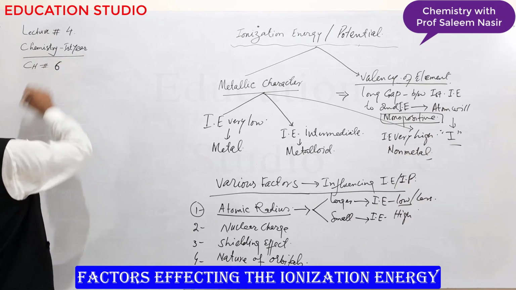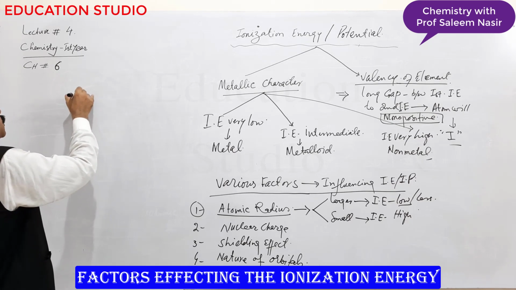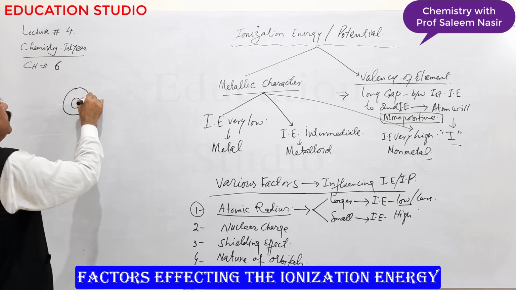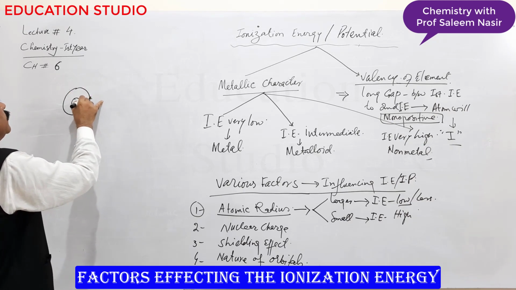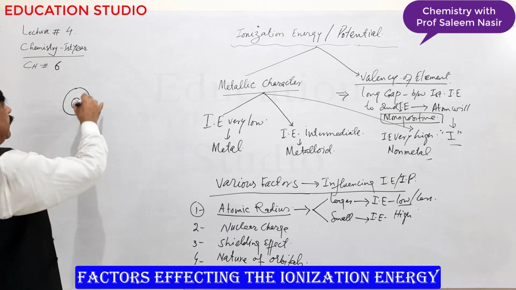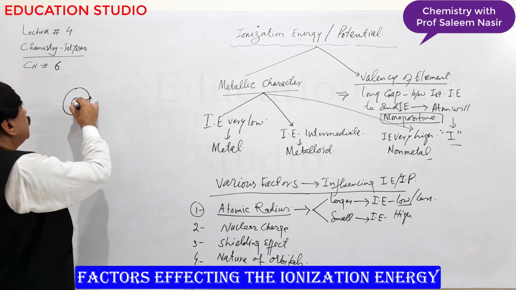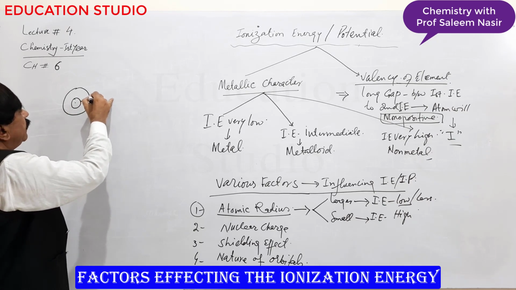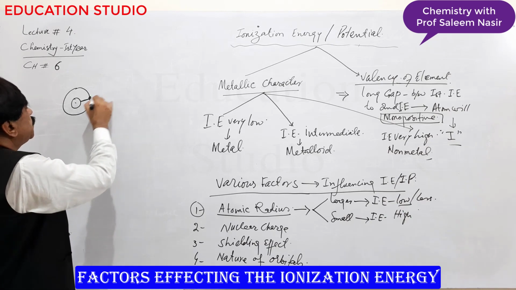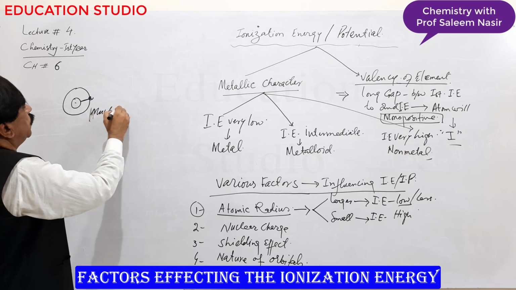When the size of the atom is small, then the distance between the valence electron and the nucleus is very small, and the influence of the nucleus on that valence electron is much more. So much energy is required.